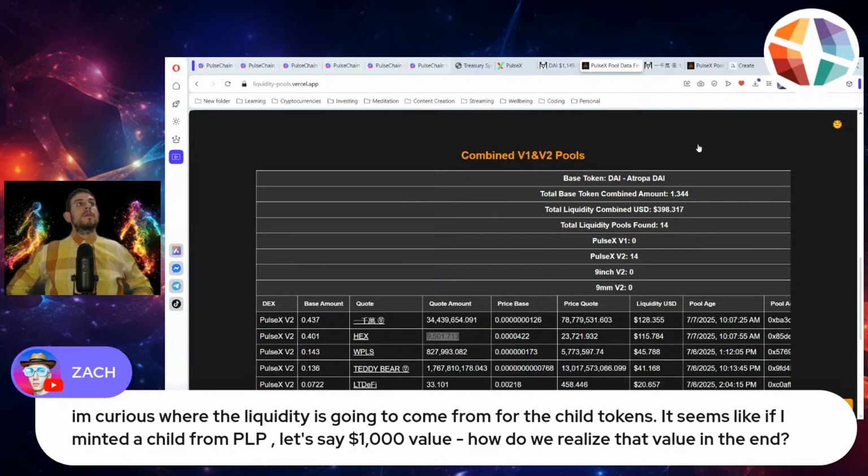But that's the thing. Basically, this concept of wrapping value, okay, that's a really good question, because the PLP tokens, you can just use them as something to trade a tax token against. So tax tokens work on arbitrage.